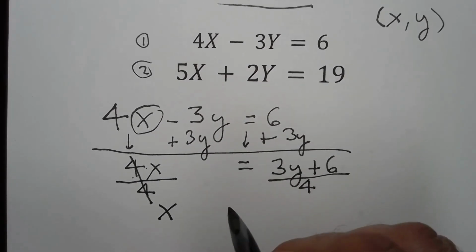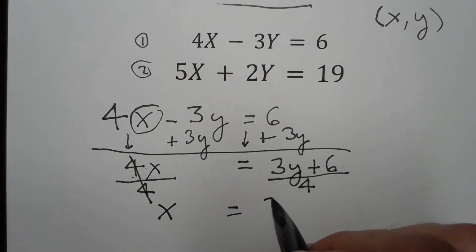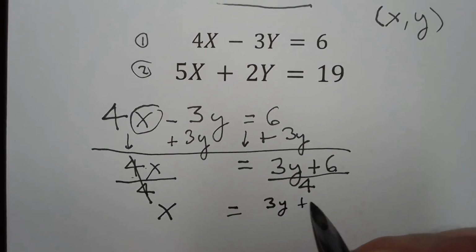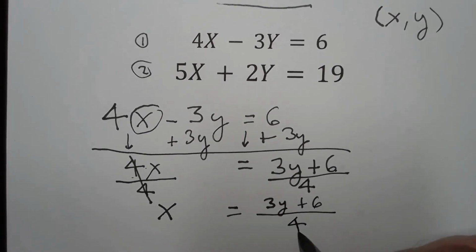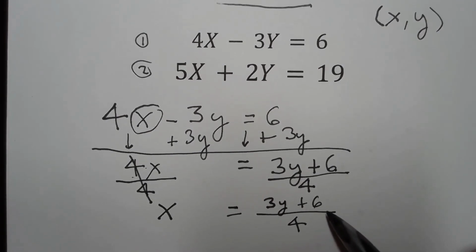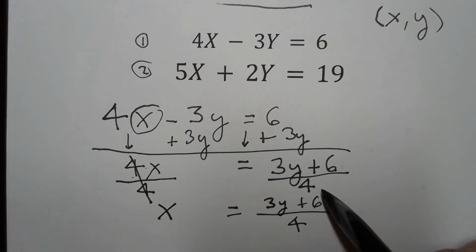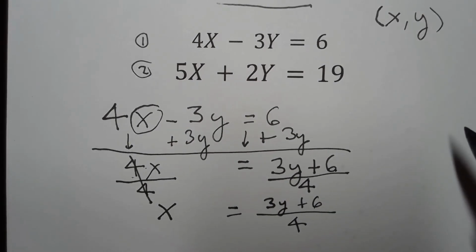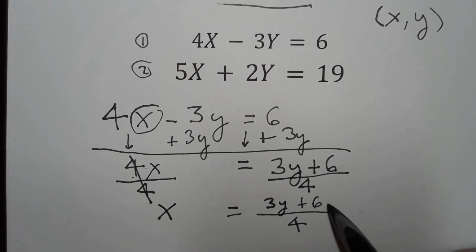Bring down my equal sign, and I'm going to copy this one down, 3y plus 6 all over 4. There doesn't seem to be anything that I can easily simplify on this, so I'm going to leave it. So I have an x that's equal to 3y plus 6 over 4.